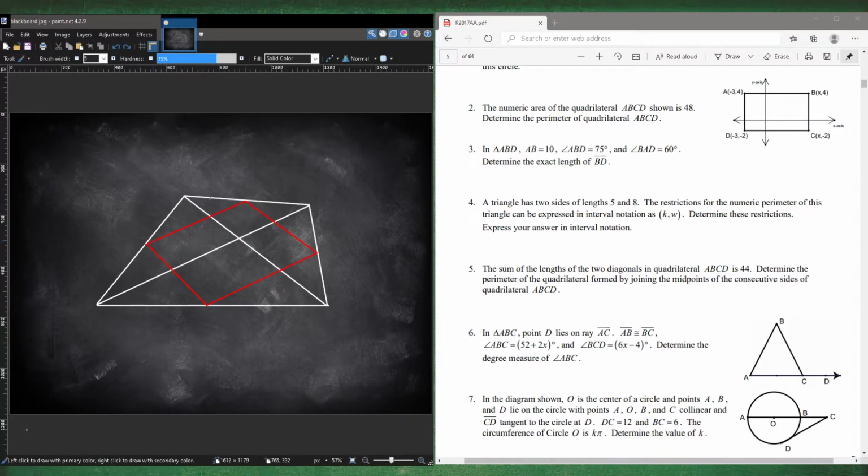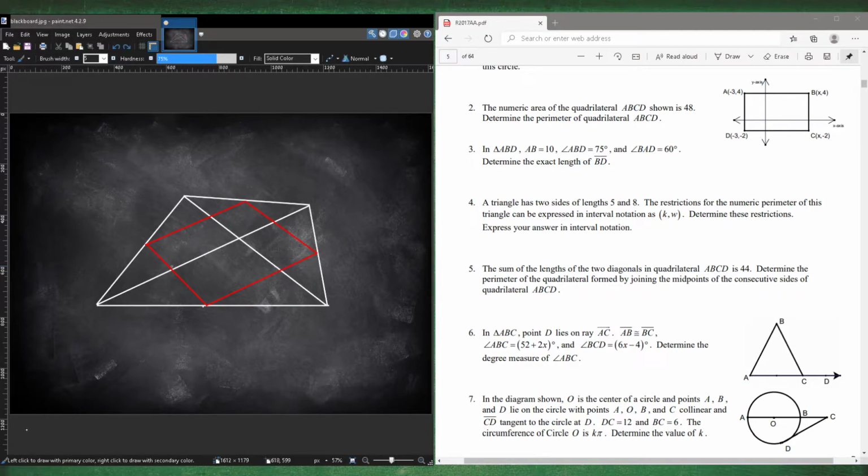Since this triangle is made by connecting the midpoints, that means this length is half of this length. But you could also say, using this triangle and this triangle, this is also connecting the midpoints, so this length is half of this one. So if this and this are both half of this, then adding them together will give us just this diagonal.